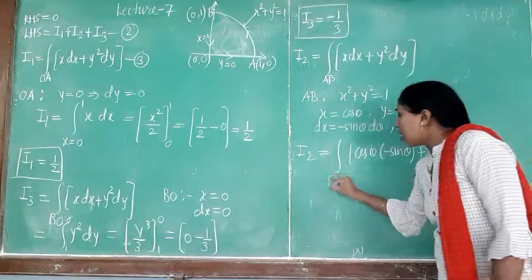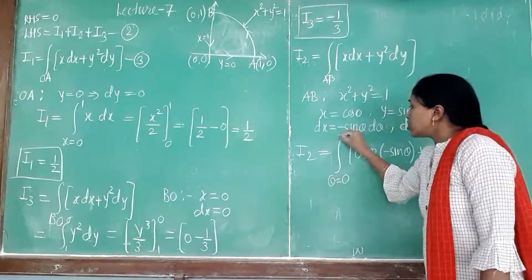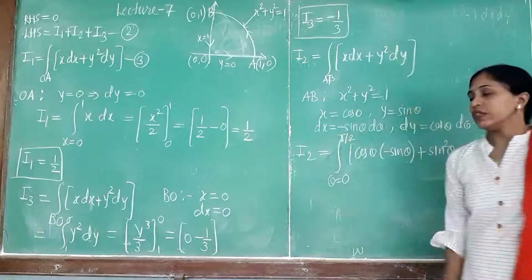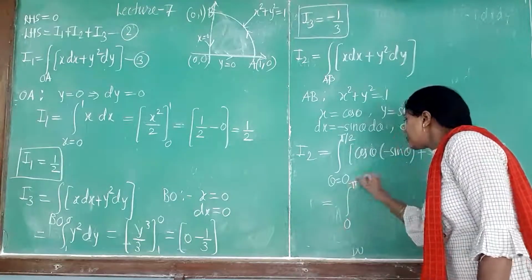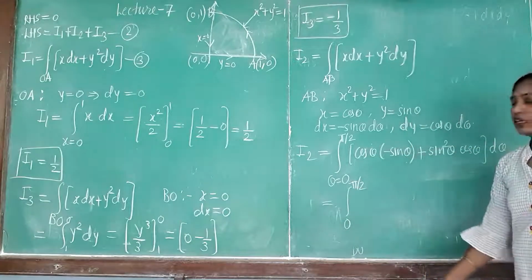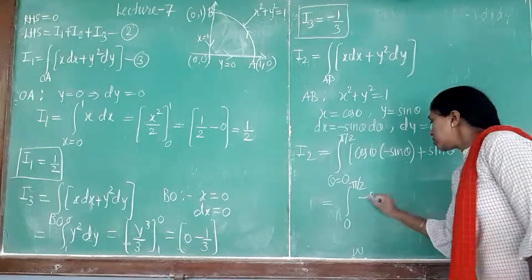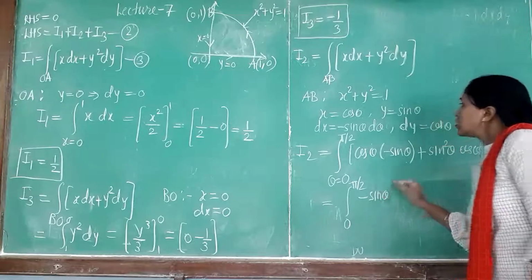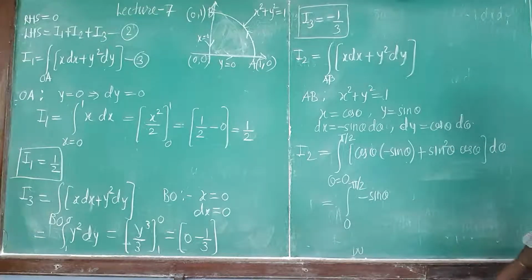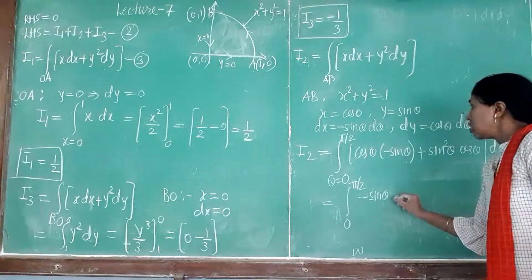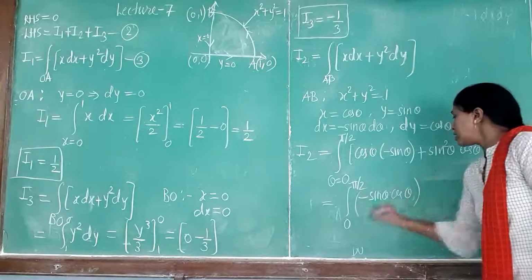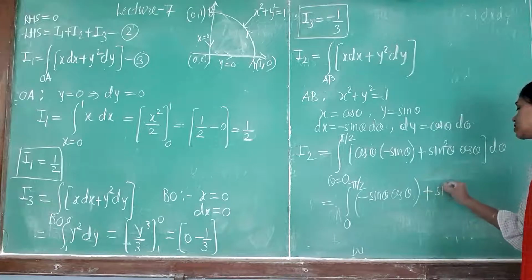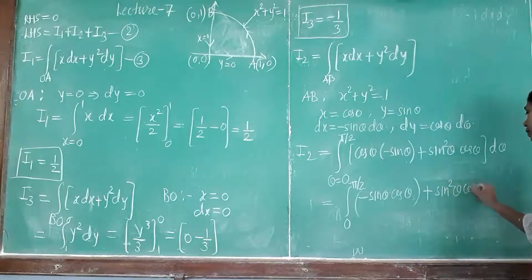Theta limits are from 0 to pi by 2. Now evaluating, it is the integral from 0 to pi by 2 of minus sin theta into cos theta, minus sin theta multiplied by cos theta plus sin square theta multiplied by cos theta d theta.